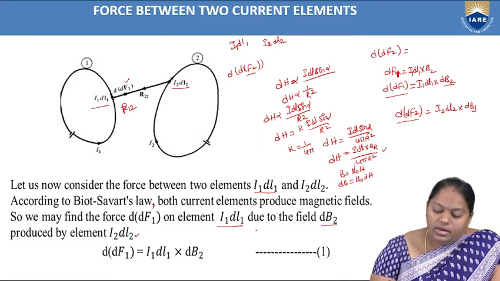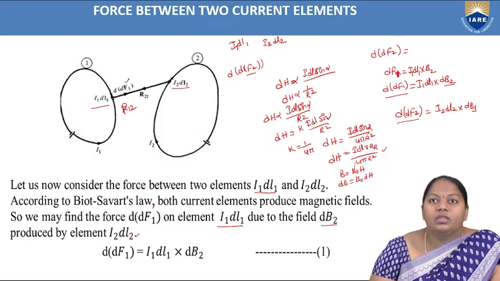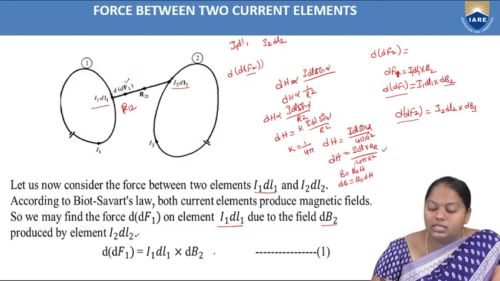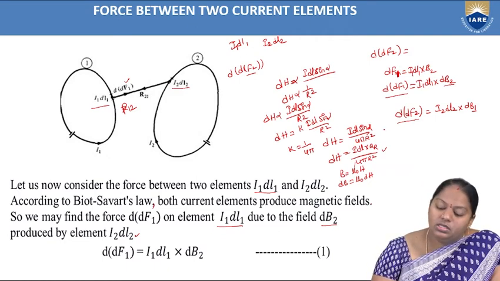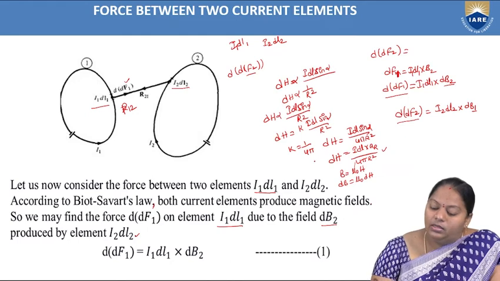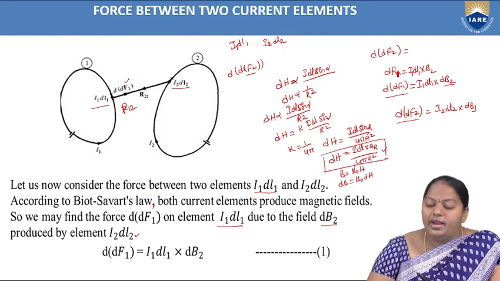Any of these two relations we derive from the previous two relations, that is dF1 is equal to I1 dl1 into dB2, or d of dF2 equal to I2 dl2 into dB1.